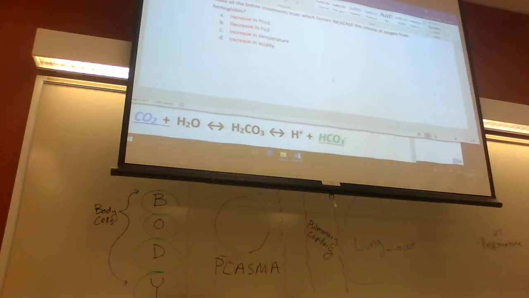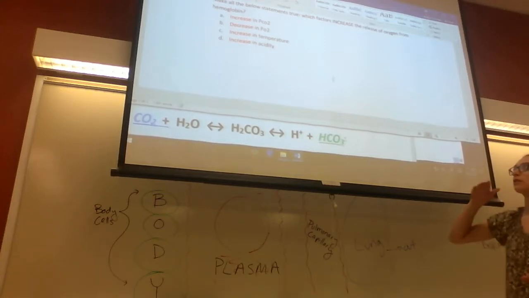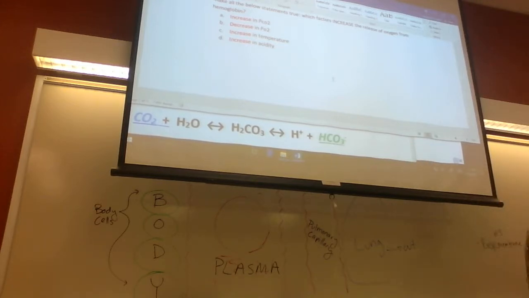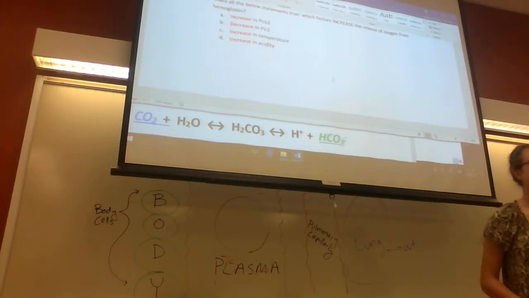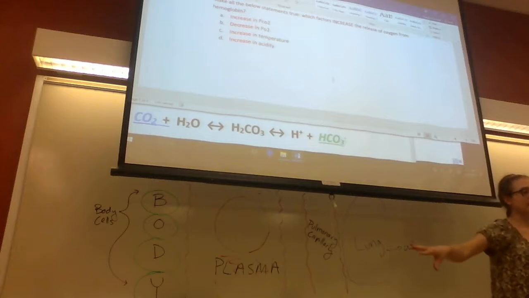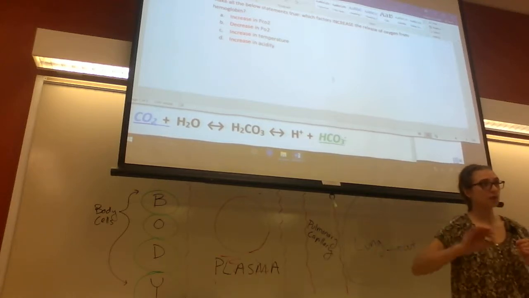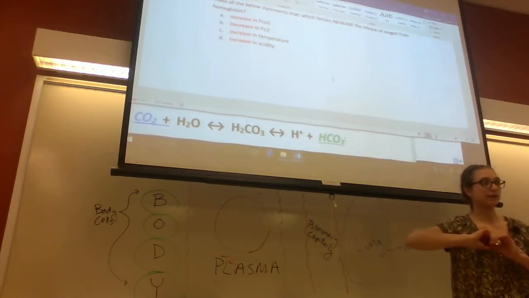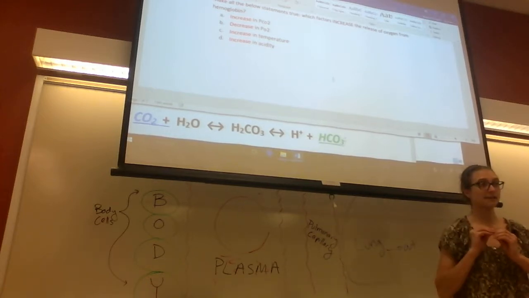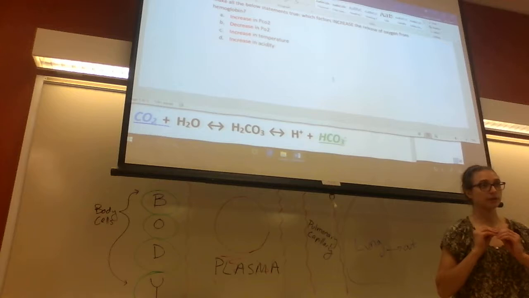What factors increase the release of oxygen from hemoglobin? All of these are increasing. So let's start from the beginning. An increase in PCO2: if you have too much carbon dioxide in your body, oxygen is going to come off of hemoglobin and go into your tissues faster. Because carbon dioxide, I need to get rid of this oxygen so I can take the carbon dioxide. That's what hemoglobin does.